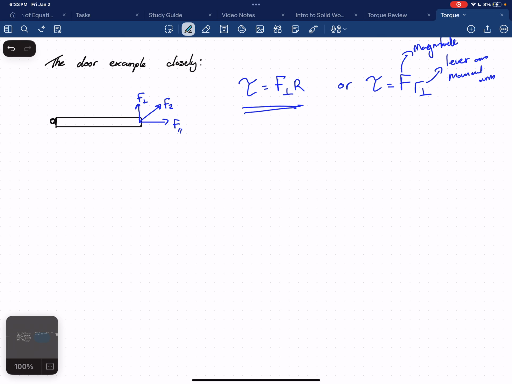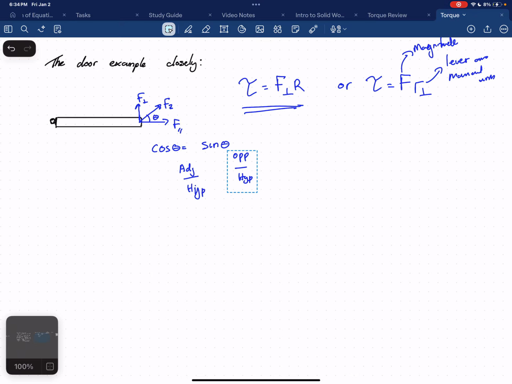To find this, I can just decompose this vector into my cos theta and my sine theta. Cos is adjacent over hypotenuse. That's cosine. Let me redo this nicely.